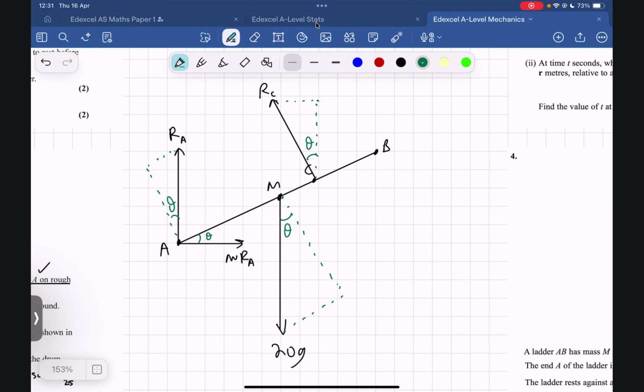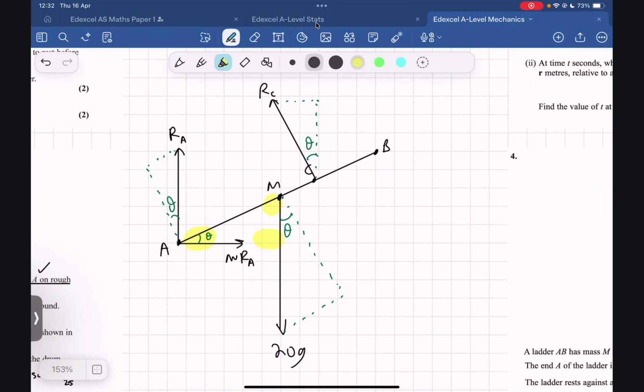Isn't it supposed to be like the other one? Because look, if you draw, it'll be theta next to theta, no? No, think of it. If this is theta, this one is 90.